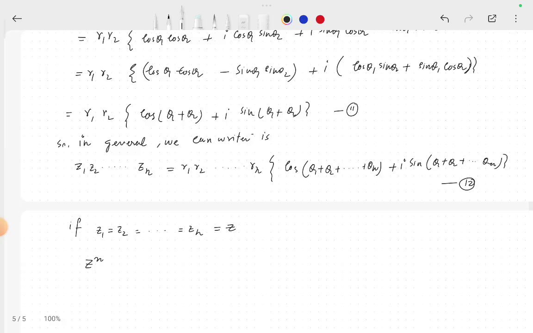So it is equal to r to the power n, cos theta plus i sin theta, whole to the power n.